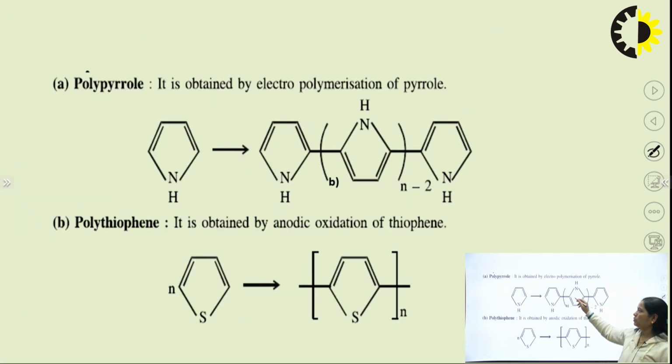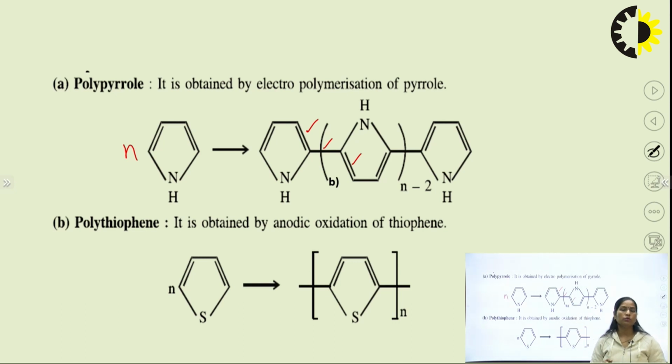Another example is polypyrrole. Here we polymerize the pyrrole unit and it becomes polypyrrole. In this system, you can also observe that alternate single and double bonds are available.